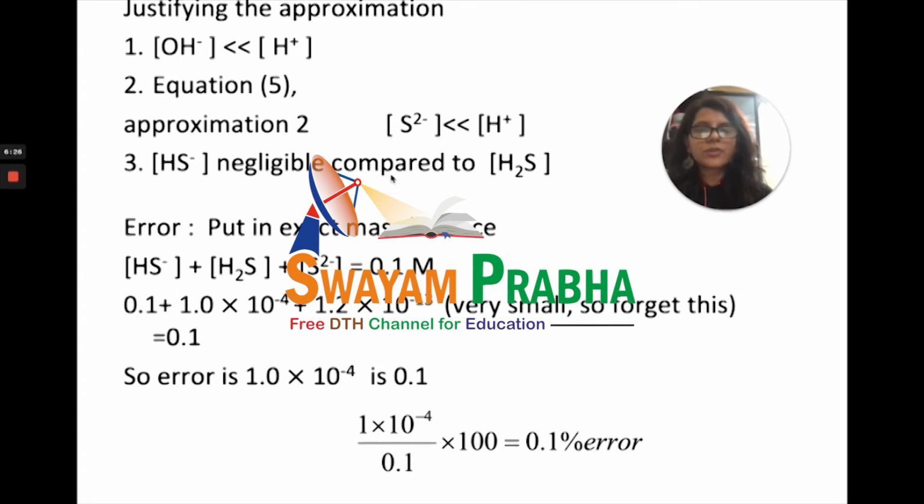We found out the concentration of S2 minus is very, very less than H plus. Also, we found that HS minus is negligible as compared to H2S. Again, that was the approximation that we had taken. So whatever approximations we had taken, they actually came out to be true when we calculated the concentration of the various species. Now let us put these concentration terms in the mass balance equation.